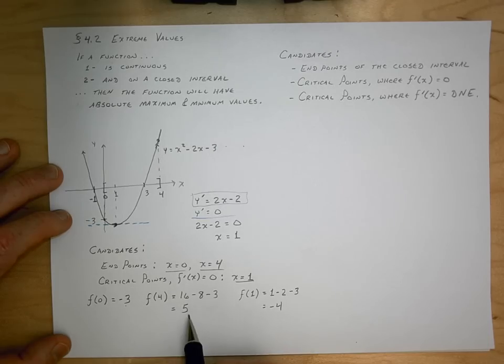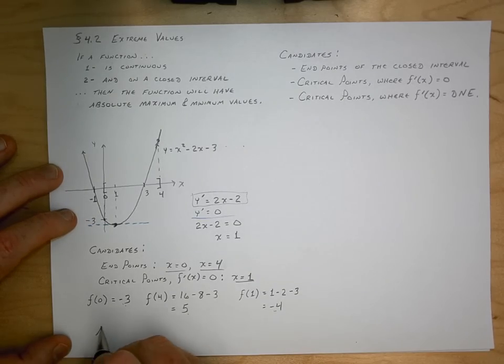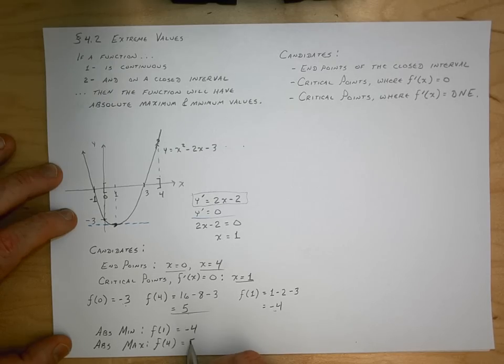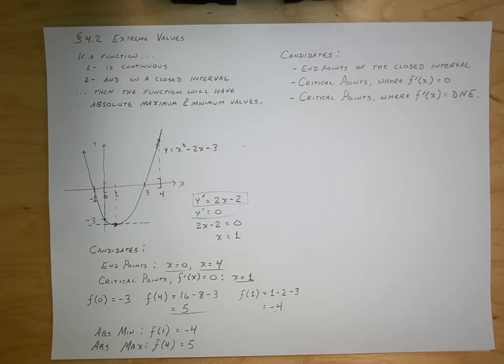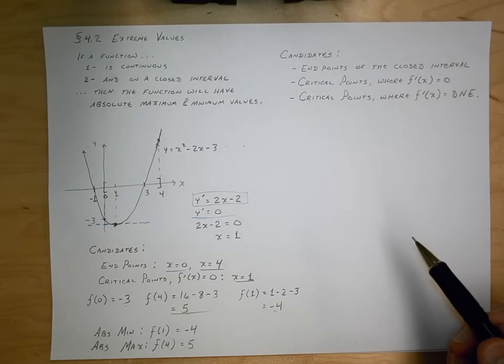So of these three values, this one's pretty good, but this one's even smaller. And no question, that's my highest value. So there you go. That's a fairly straightforward problem, and that uses most of the points we've talked about above.